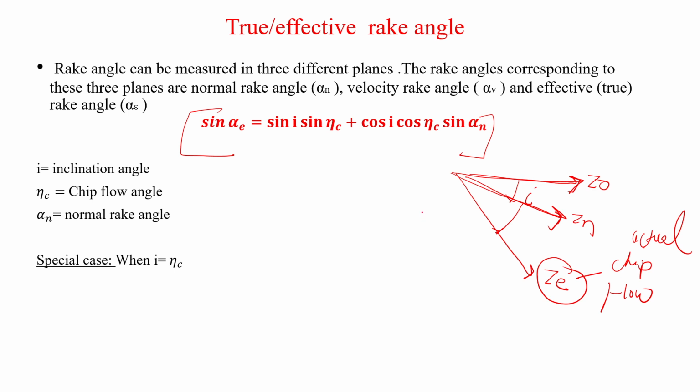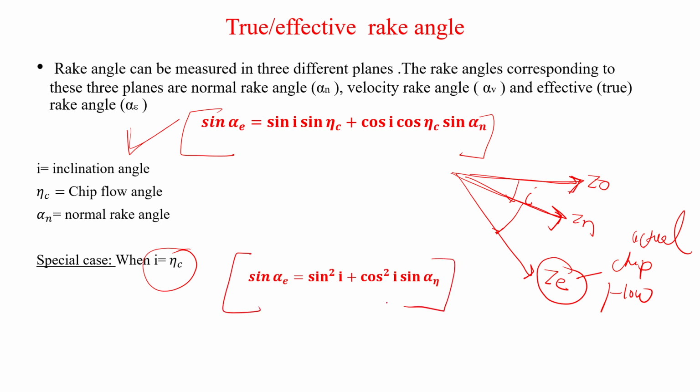So I equals eta C. In this case we put I equal to eta C, and the formula becomes sine alpha E equals sine square I plus cos square I into sine alpha n, because I and eta C are the same. You just need to remember this formula, and in this special case you can put I equal to eta C. This is very simple, so I think it is clear.